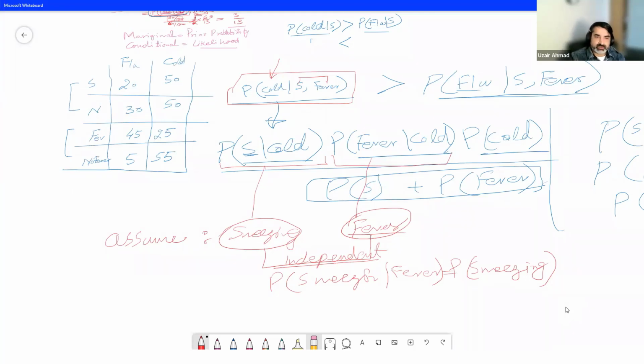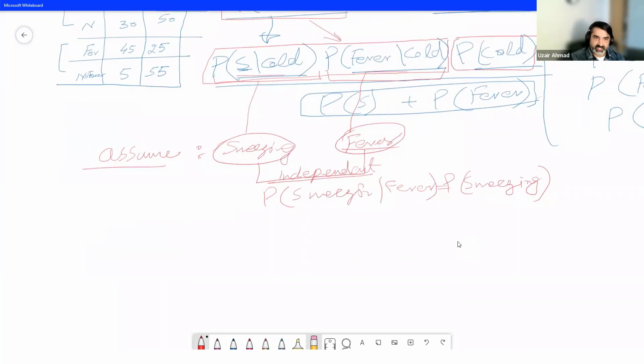But due to this assumption, we can calculate our posterior probability as a multiplication of simple conditional probabilities, likelihoods. To be able to apply the naive Bayesian formula, we make this assumption, which is a naive assumption. We intentionally become naive, right?